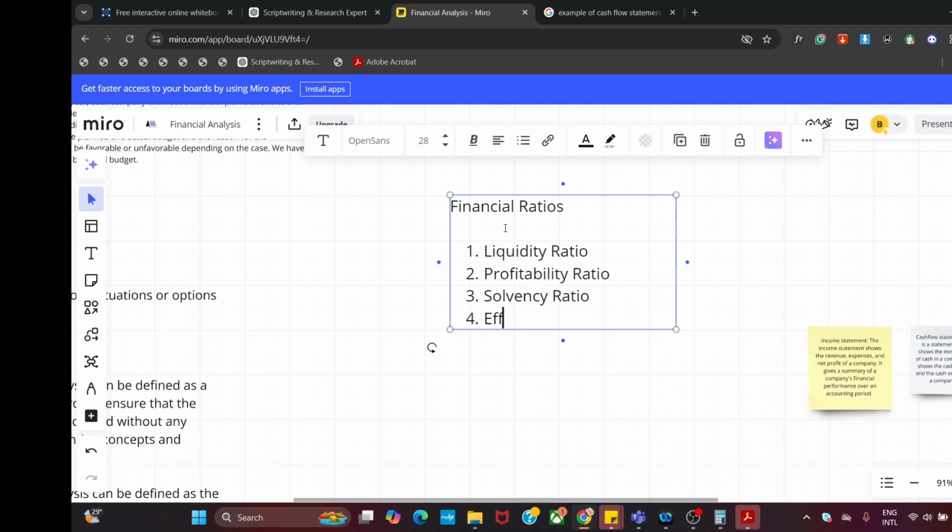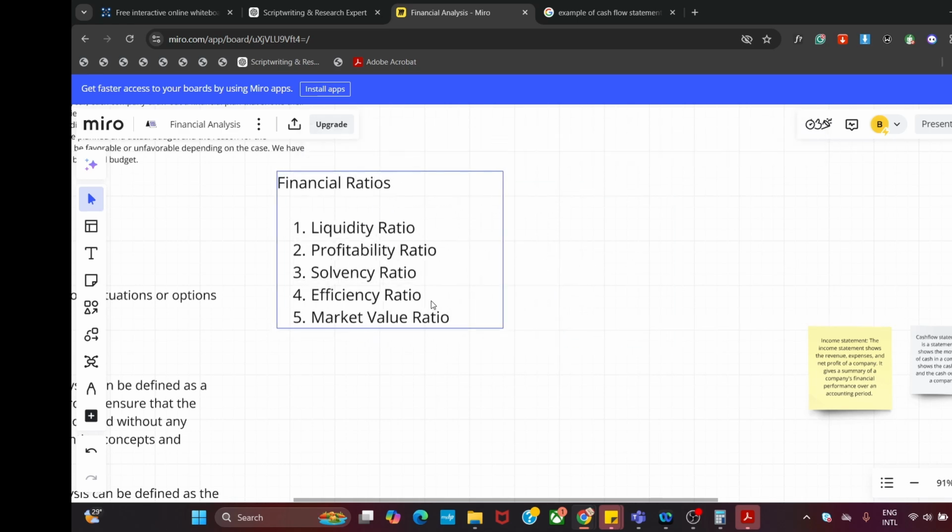And we talk about the efficiency ratio. We'll also talk about the market value ratio. So these are the major ratios we'll actually be talking about for the course of this video.